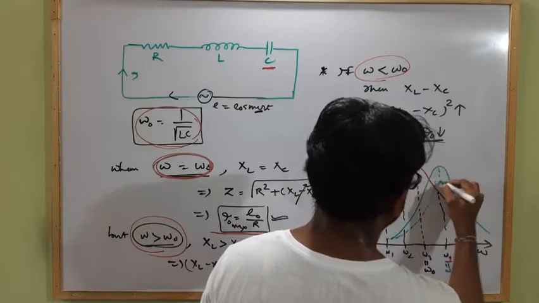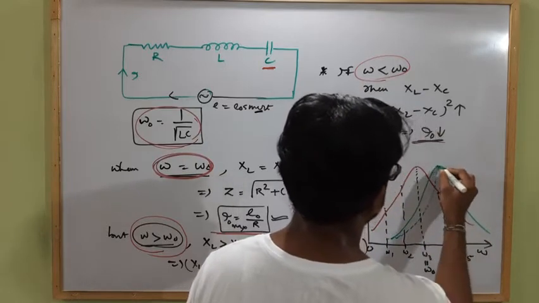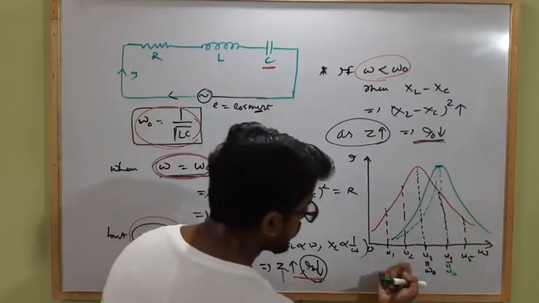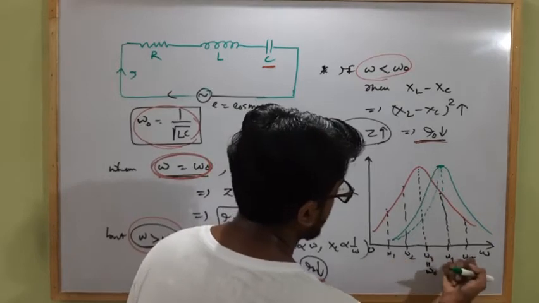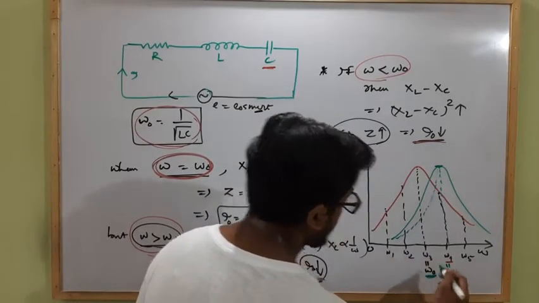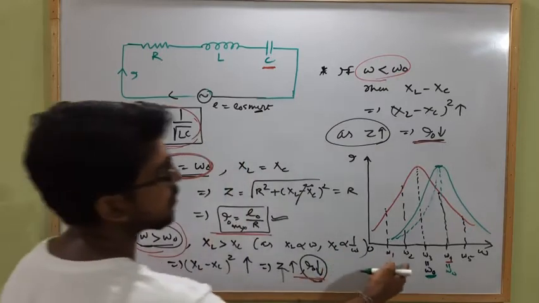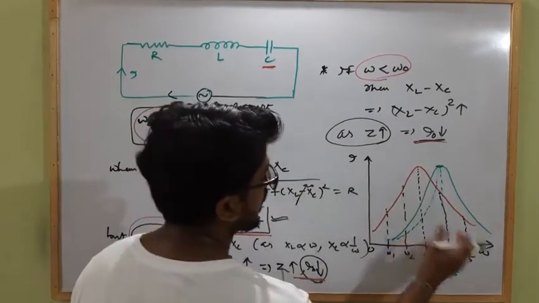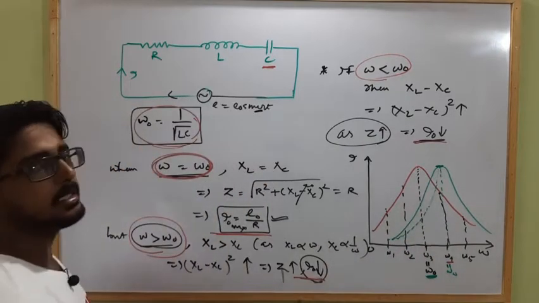Because for omega 4 the current will be maximum here. Clear? So for different input values of frequency, if we make the input value equal to the natural frequency of the given LCR circuit, then for that particular frequency we will get maximum current, and below and above that frequency we will get a smaller amount of current.